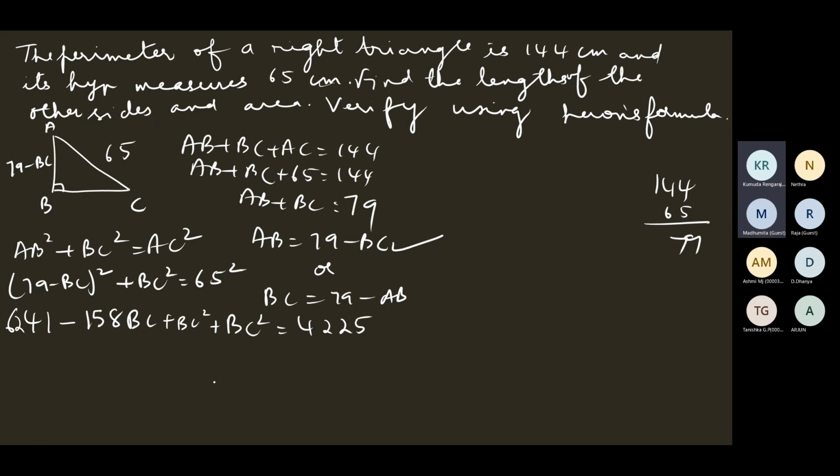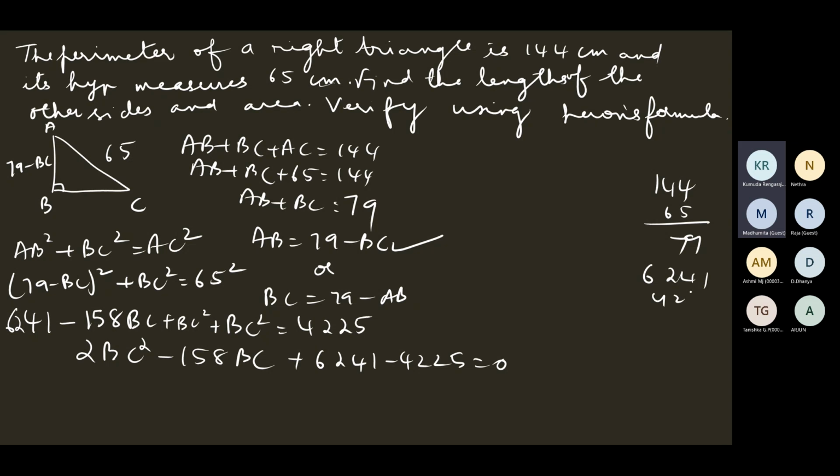Yes or no, children? Yes, ma'am. Now simplify: 2 BC square minus 158 BC plus 6241 minus 4225 is equal to 0. What is 6241 minus 4225? 2016.